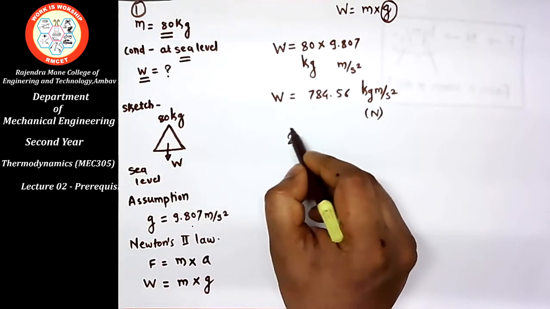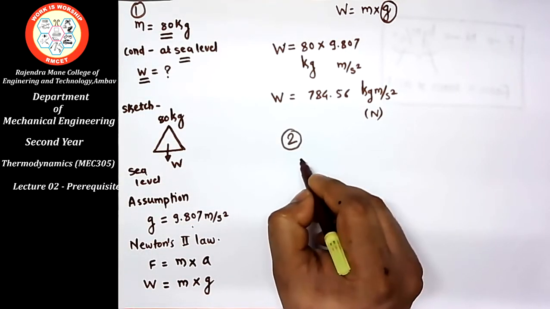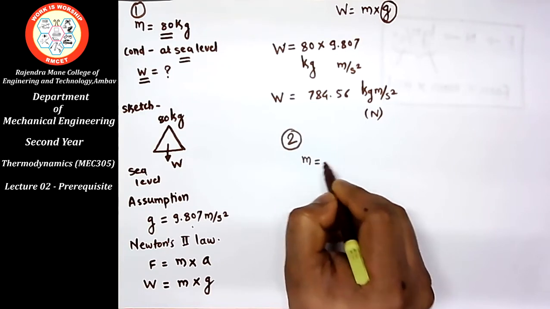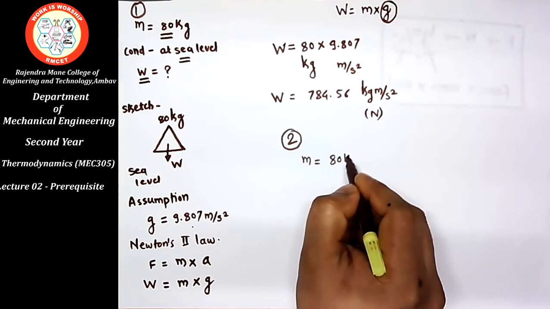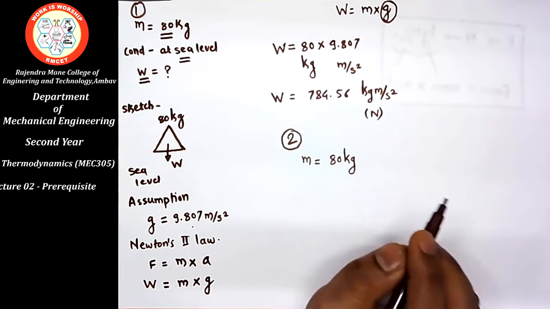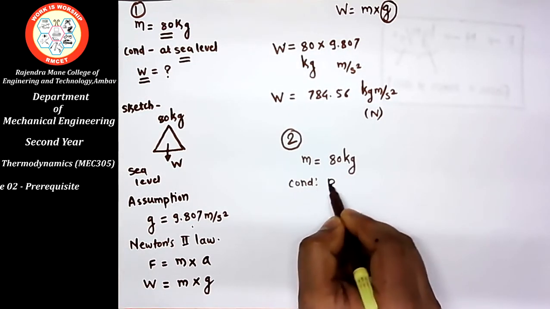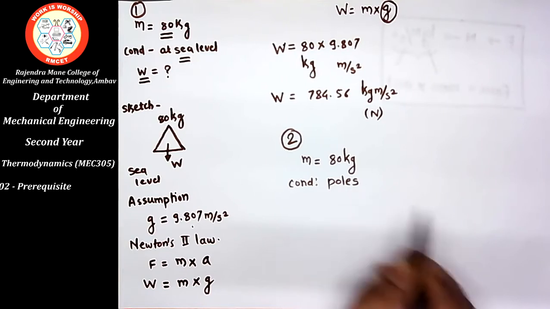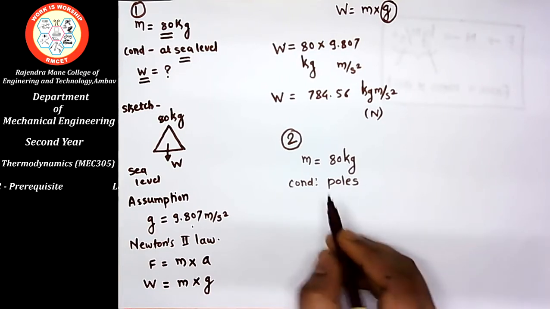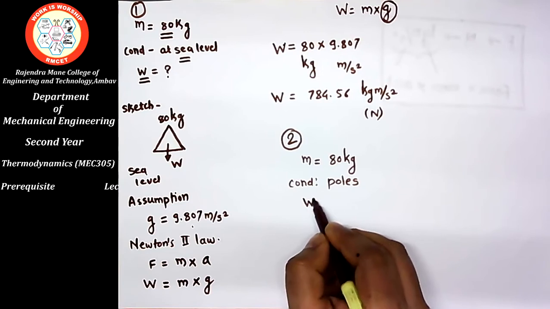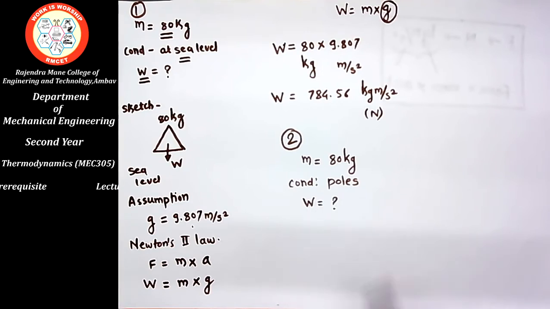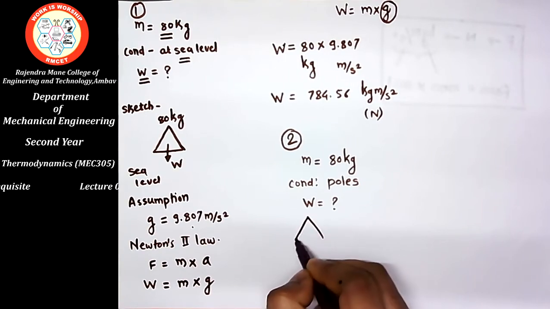In the second numerical, what have they provided? The body is the same, so mass is 80 kg. Then the condition will be different. Now we are at the poles. Then the same quantity we have to find, the weight of the body. The sketch will remain almost the same.